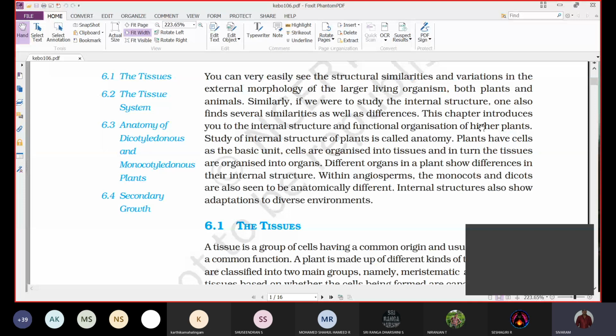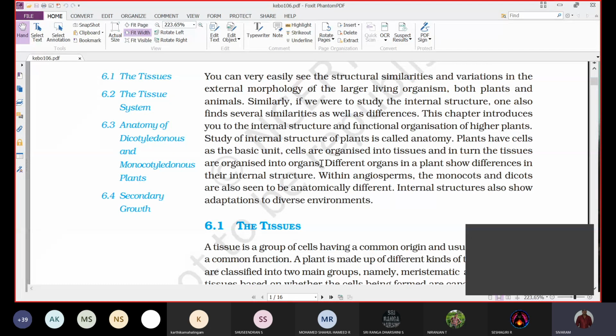Plants have cells as the unit. Like all other living organisms, plants are also made up of cells. The cell is the basic structural and functional unit. Cells are organized into tissues, and in turn the tissues are organized into organs. In plants we observe organization only up to the organ level; we don't find the organ system level.